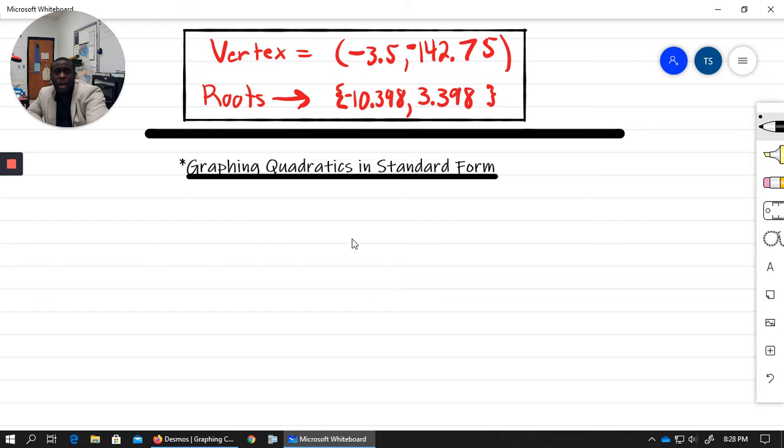For this assignment, graphing quadratics in standard form in Khan Academy, let's say that we had something like: graph y equals, and we're just going to pick something, anything that we can put up here. I'm going to pick something that's not too difficult.